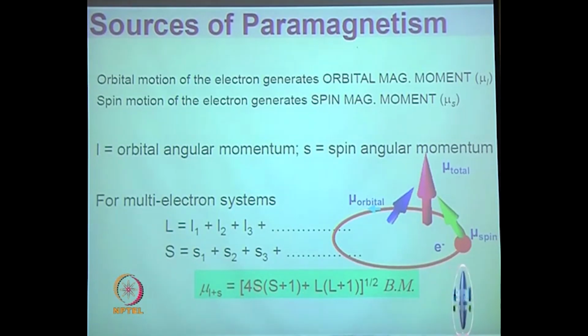Now, the capital S is the spin from the number of unpaired electrons. If it is 3 unpaired electrons, half plus half plus half, 3 by 2. L will come in the lanthanide section. It is usually the summation of ML, right?